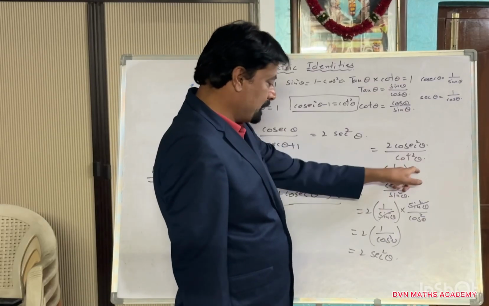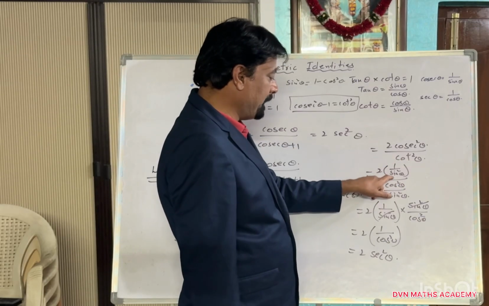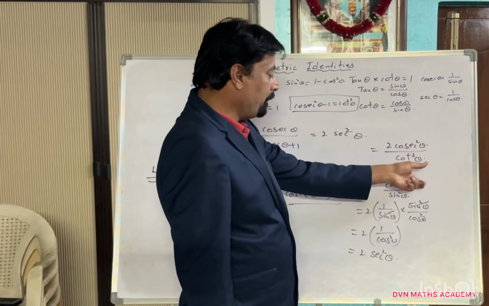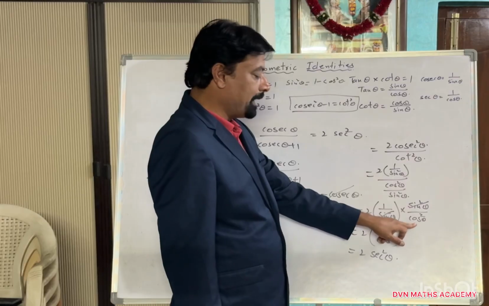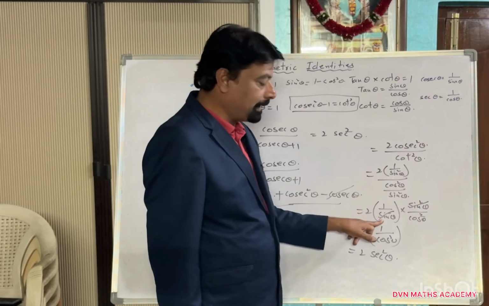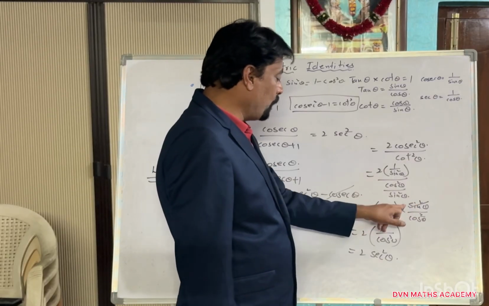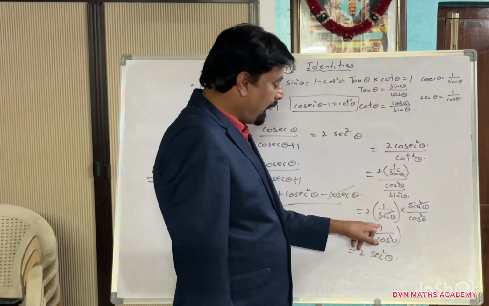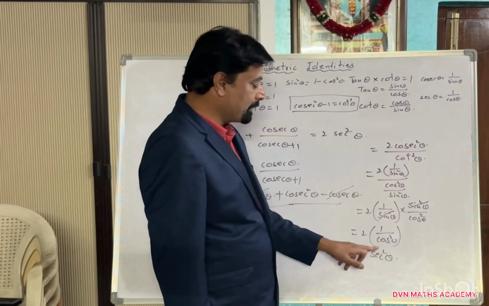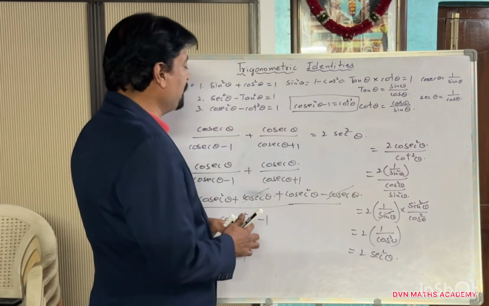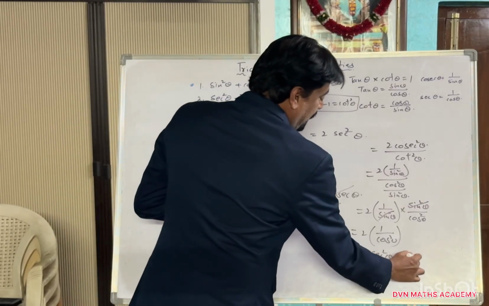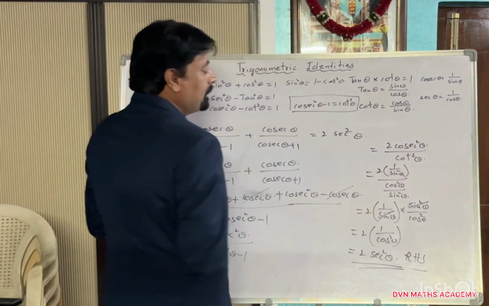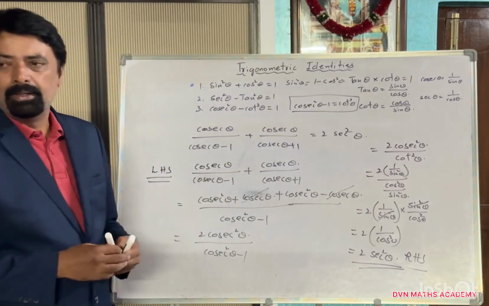If you simplify, it becomes 2 into 1 by sin square theta, and the denominator becomes reciprocal while multiplying, so sin square theta by cos square theta, sin square theta cancels. This becomes 2 into 1 by cos square theta. Again 1 by cos square theta is sec square theta. So the simplification of my LHS becomes 2 sec square theta, that is RHS. Therefore, LHS is equal to RHS.